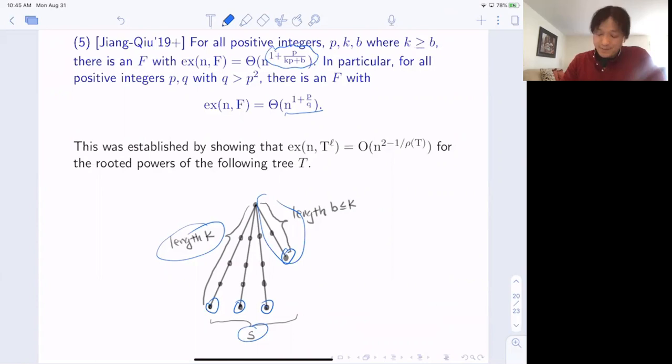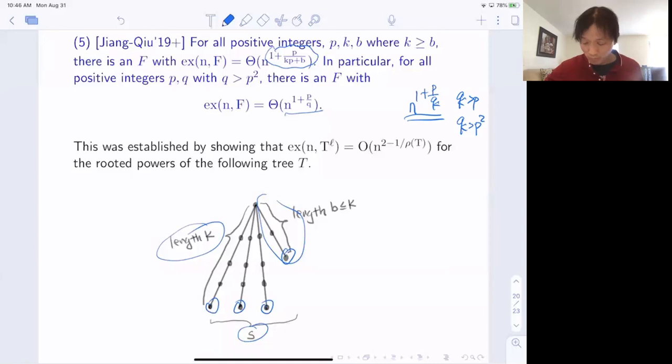Because the exponent conjecture itself just says for every P, Q with Q bigger than P, you can realize the exponent 1 plus P over Q. So we're able to say this is true if Q is bigger than P squared.